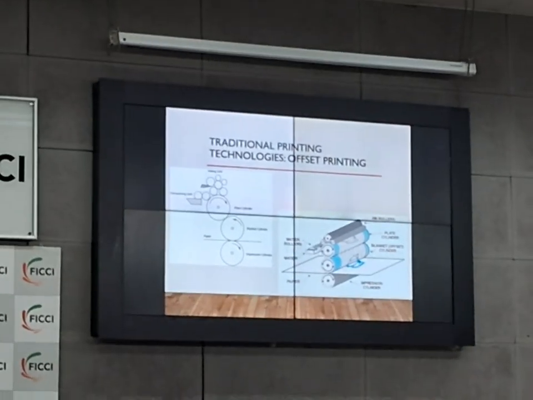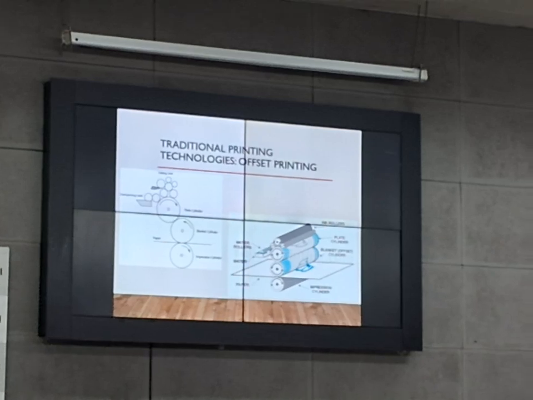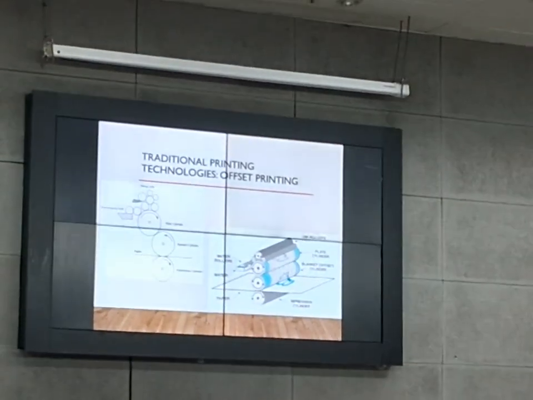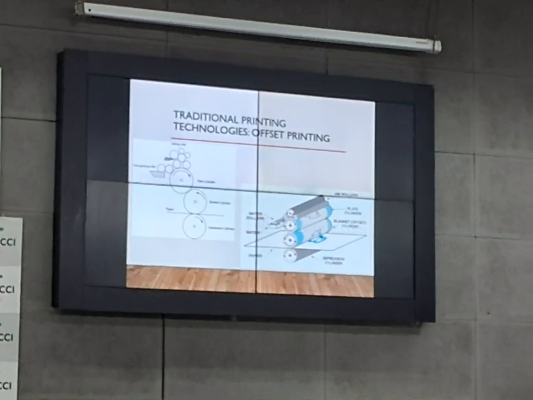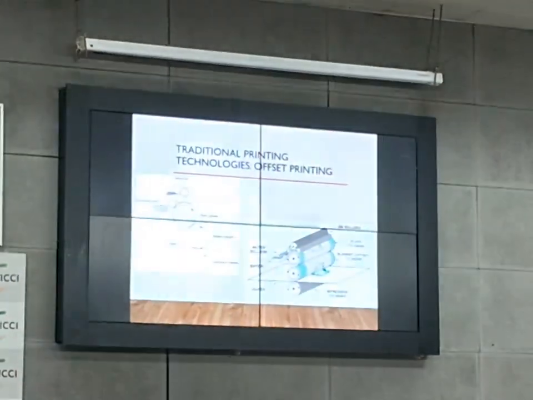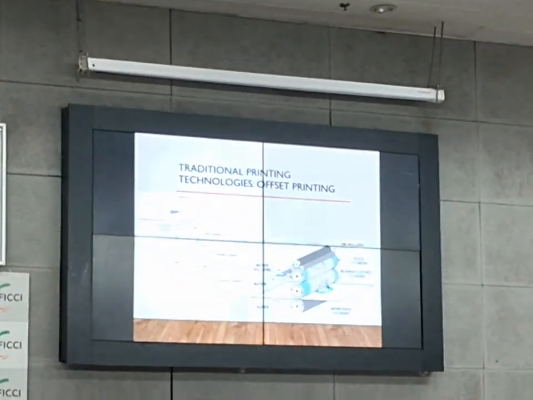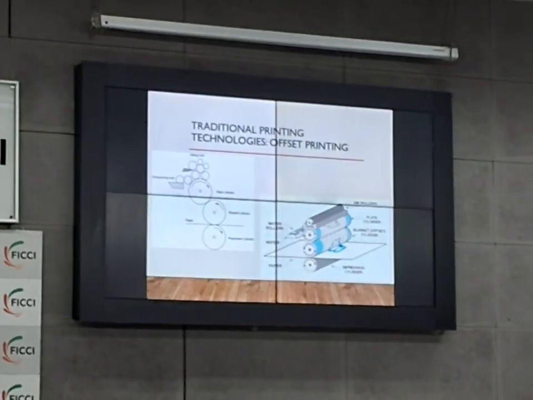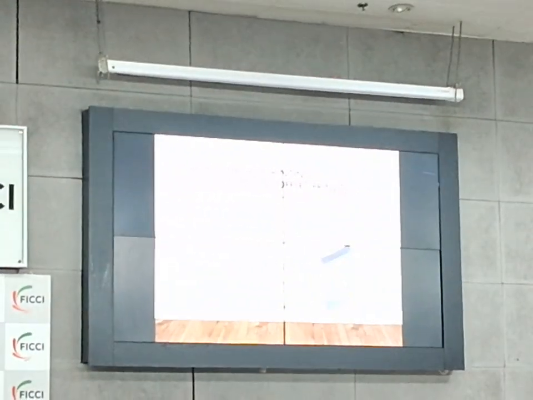Offset is basically a rotary printing process. It requires cylinders, and there are 3 cylinders. One carries the plate from which the document will be printed, and the intermediate cylinder is called the blanket cylinder, because a rubber blanket is mounted onto it.